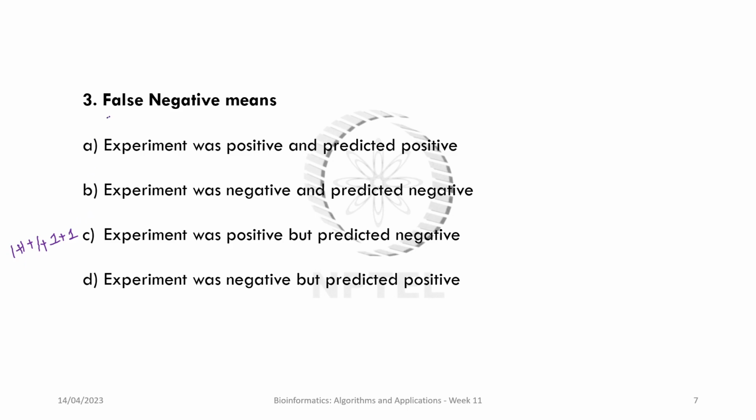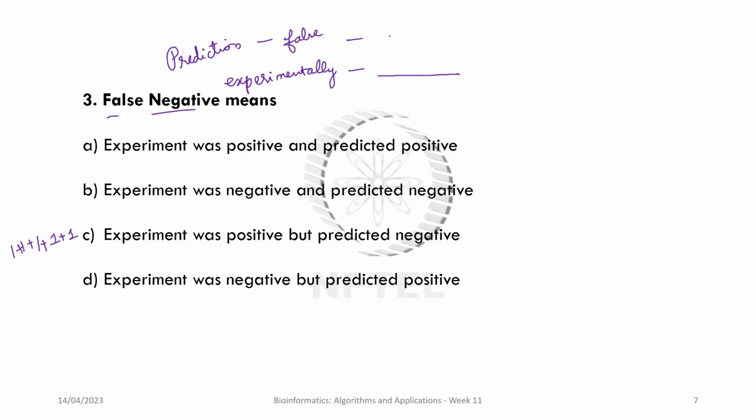When we say false negative, false or true is from the point of view of prediction, right? So when a prediction is false, which means experimentally it was something else and prediction was different from it.